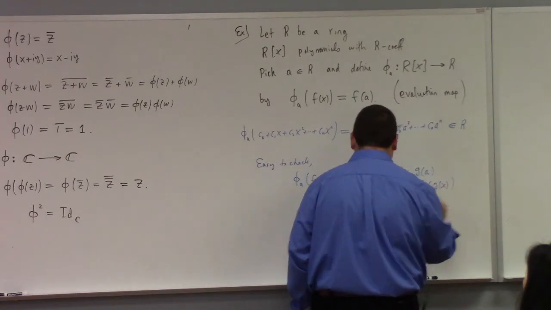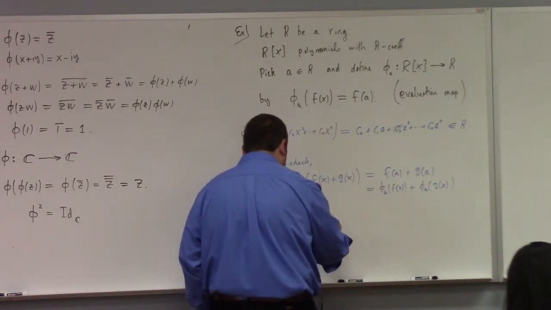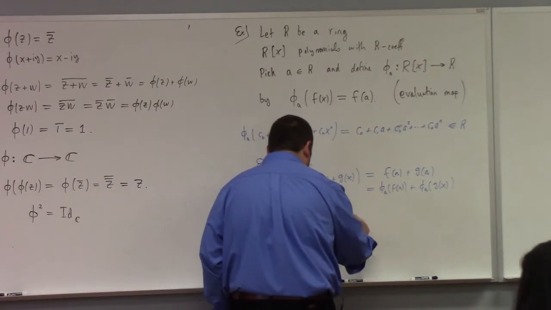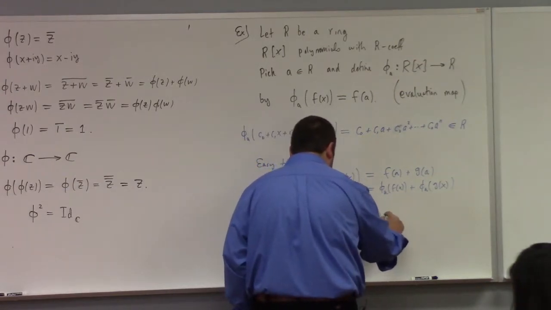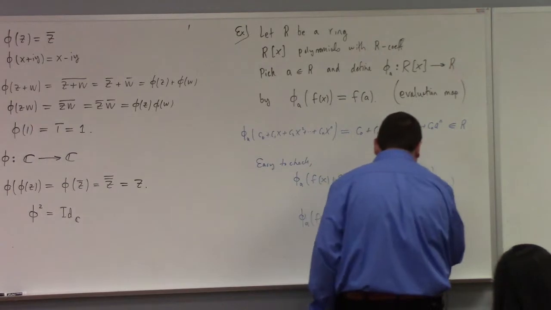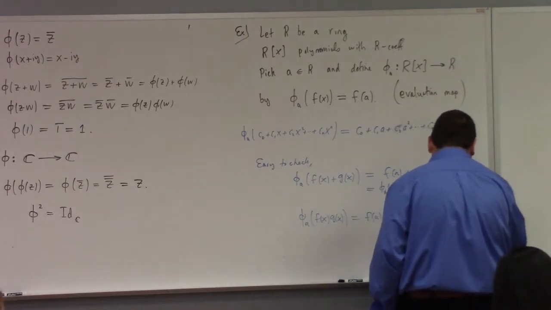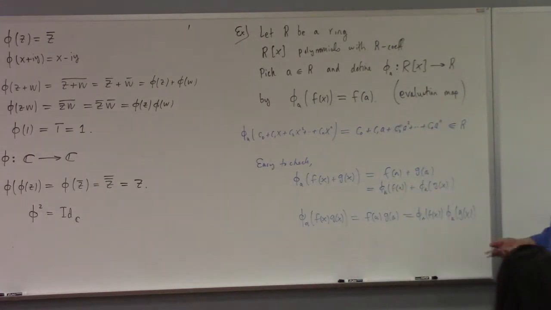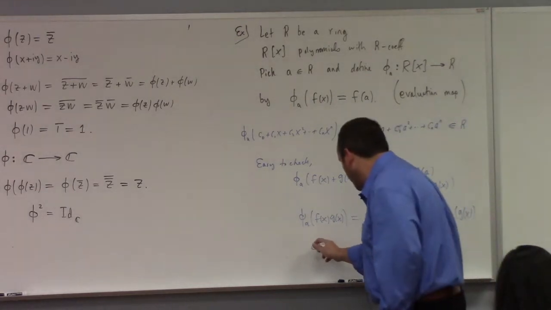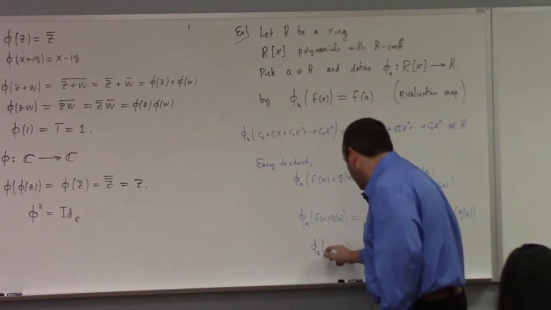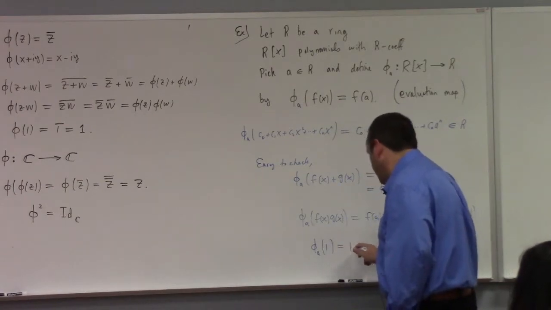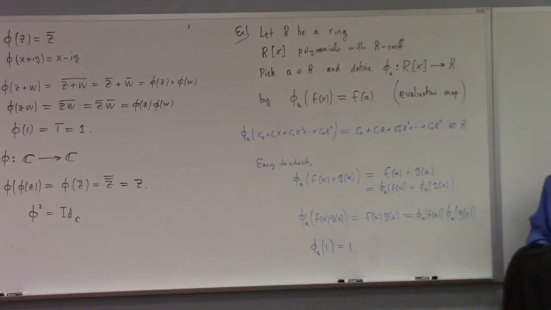And likewise, phi_A of f(x) times g(x) is equal to f(A) times g(A), which is phi_A of f(x) times phi_A of g(x). So you can see it's additive, it's multiplicative. Does 1 map to 1? What happens when you evaluate the constant polynomial 1 at A? You get 1, right? So there you go. It's a ring homomorphism. The evaluation map is an important example of a ring homomorphism.